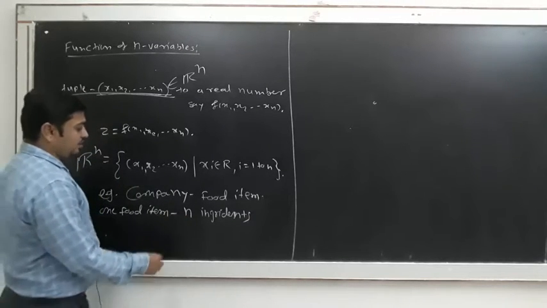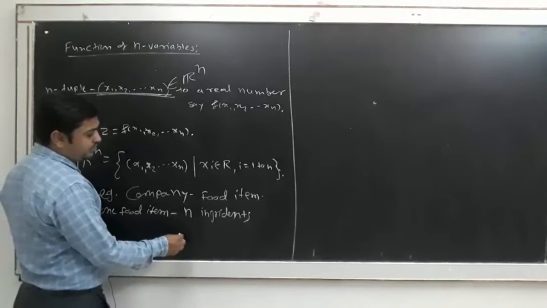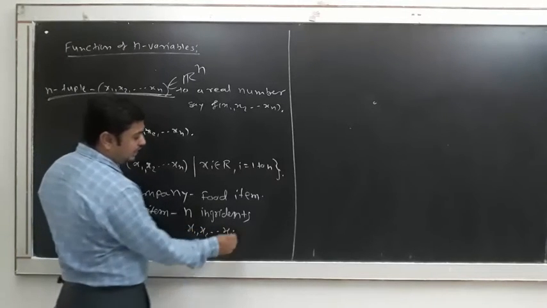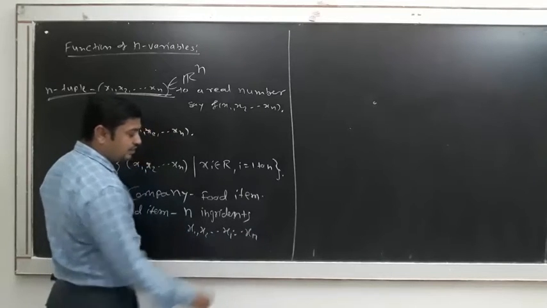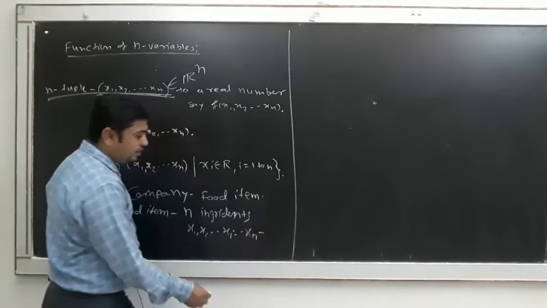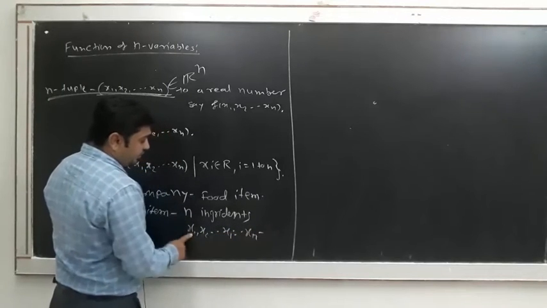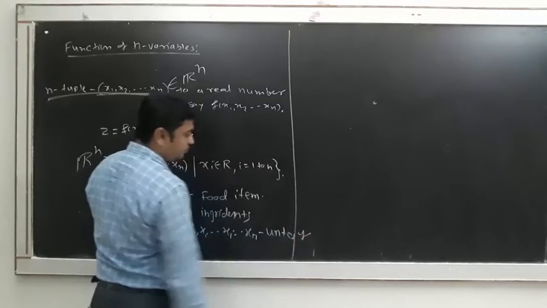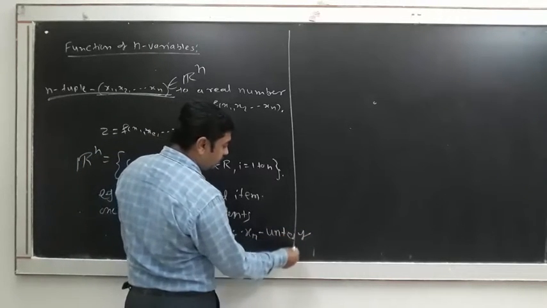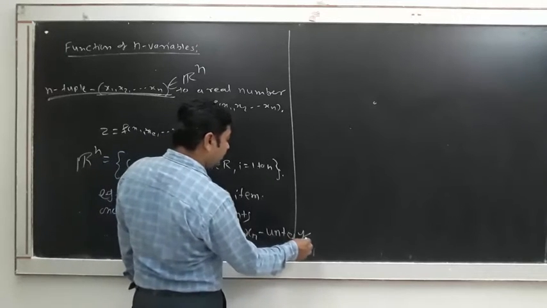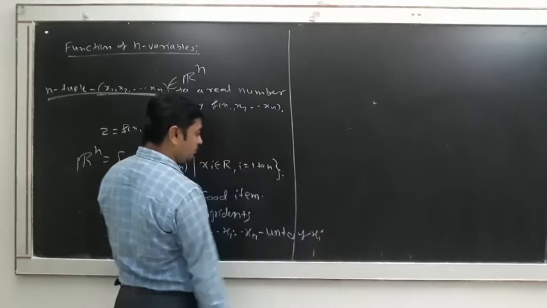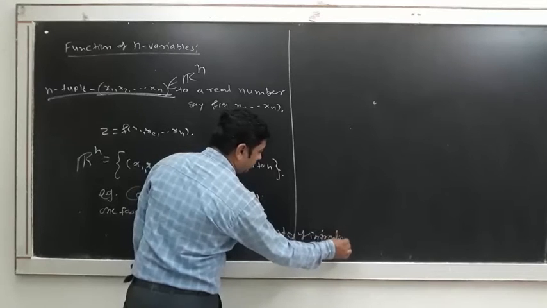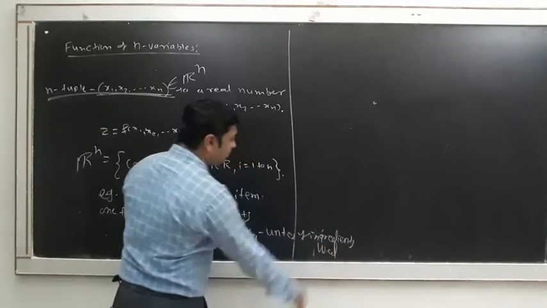Suppose x1, x2 and so on, xi, xn are the units of ingredients used, how many units are used.